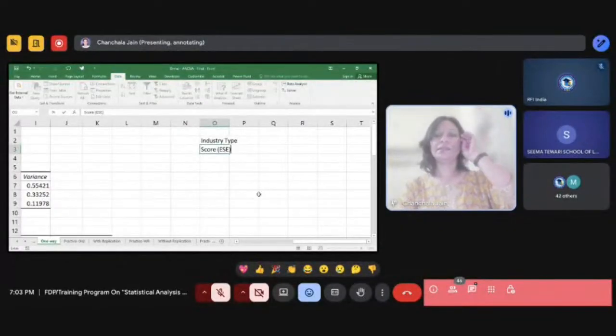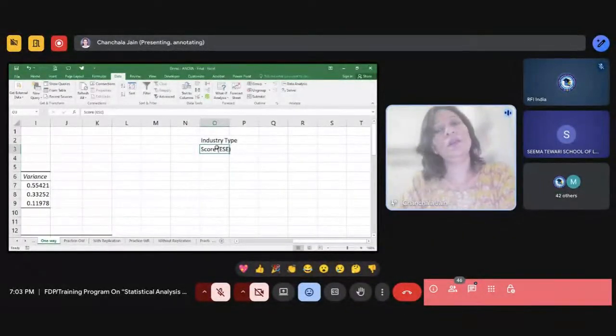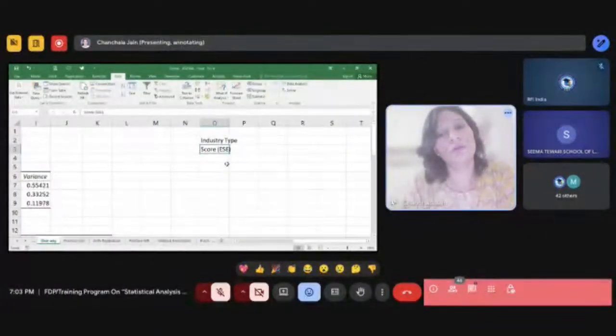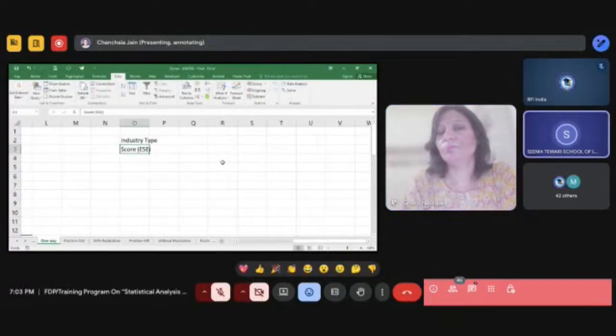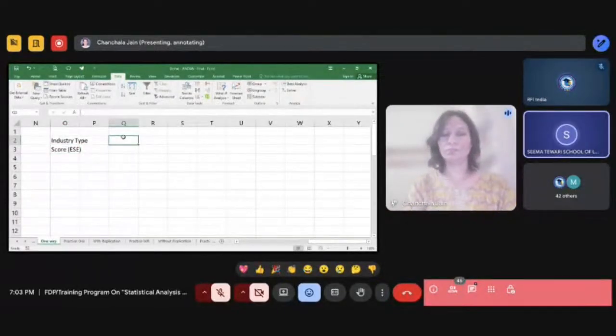But in this case, ma'am, score is your numeric variable. Yes. So I will have three columns. One column has the environmental, second column has the social, third column has the economic score. In rows, I have different industries. Right?